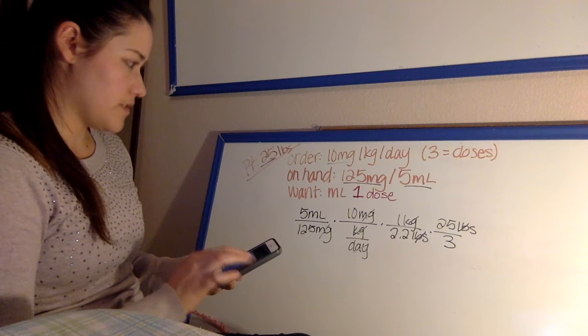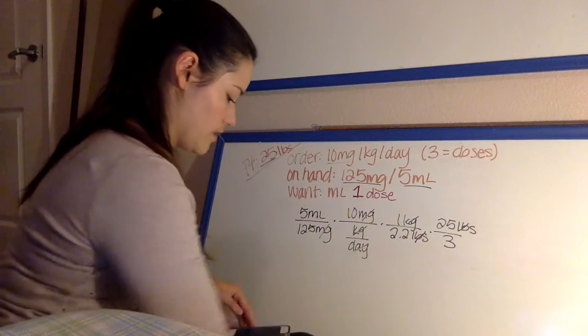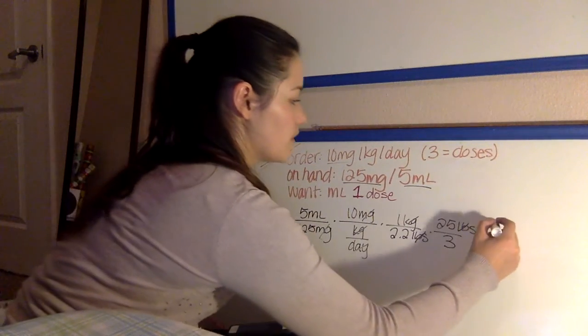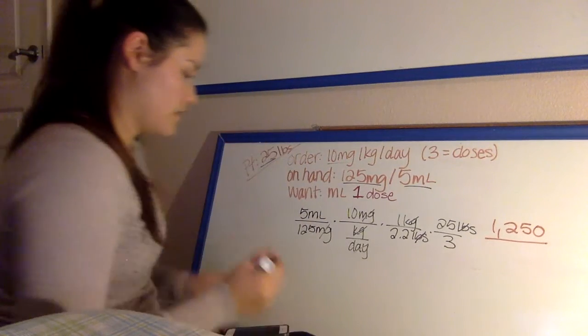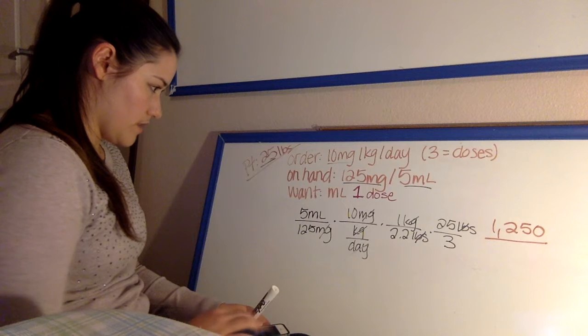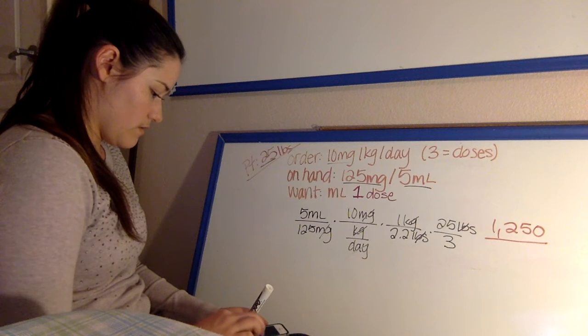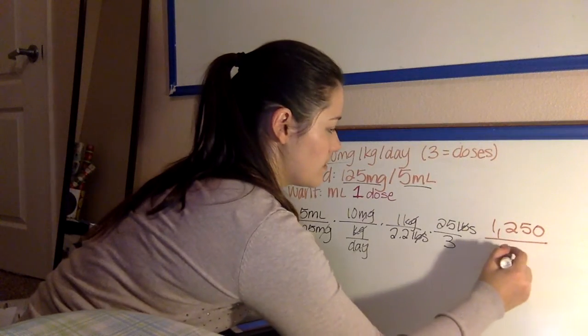So we're going to take 5 times 10 times 25. That equals 1,250. 125 times 2.2 times 3 is 825.